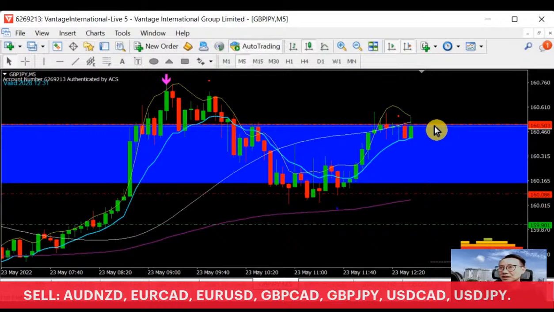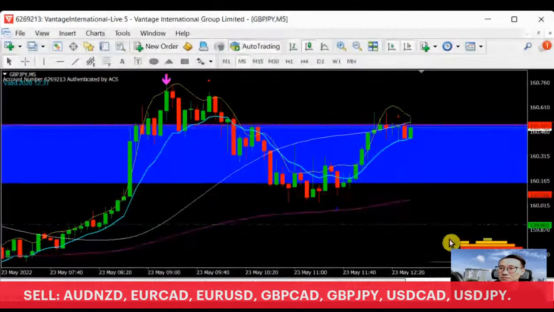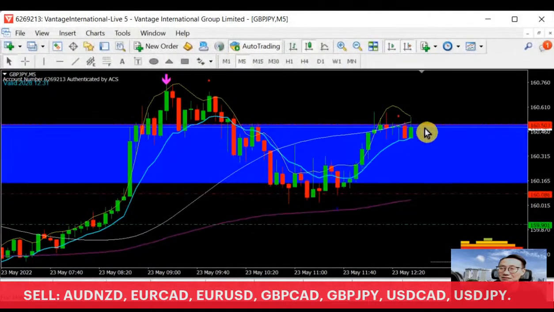Right now we are in a very tight situation here for Pao Yan, which I would say is a good signal. Why is it a good signal? Because it's getting tighter and tighter, where the number of pips is getting smaller and smaller. If it's not breaking, we will experience a very huge drop from the resistance here.